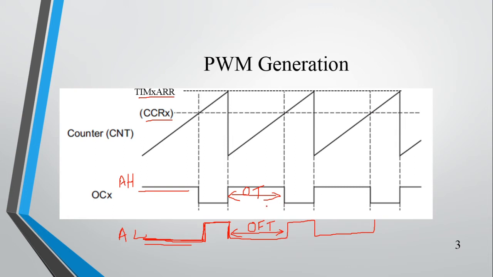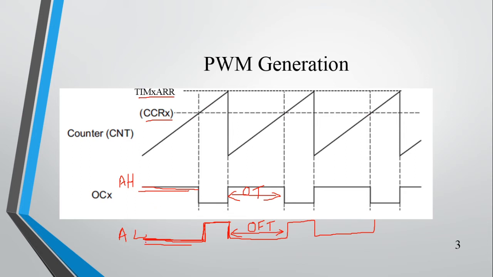And in the CCER, the capture compare enable register, we are configuring the 0th bit. In the 0th bit, you are enabling the capture compare, and the 1st bit you are configuring as active high. Why active high? We are telling the controller that when you start the PWM, it should be in active high state.